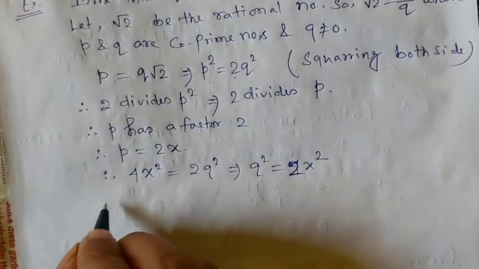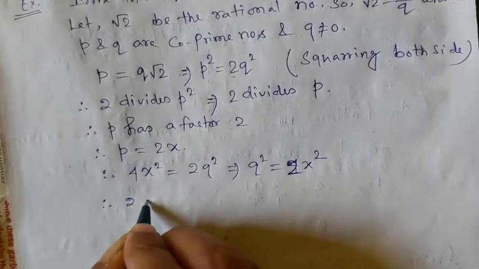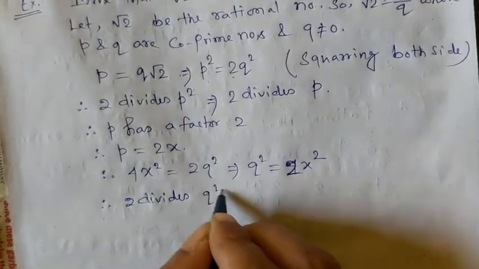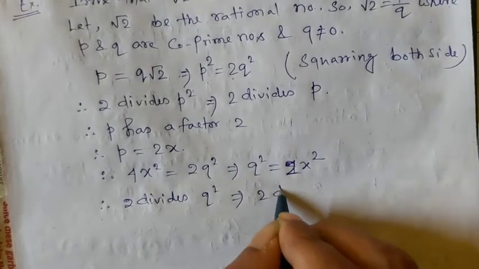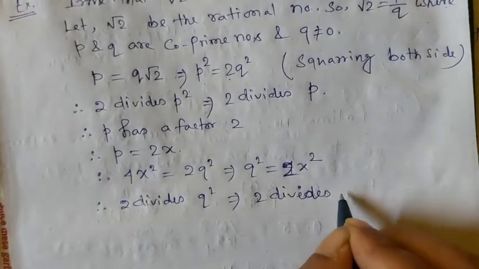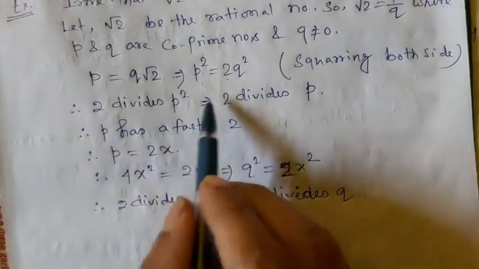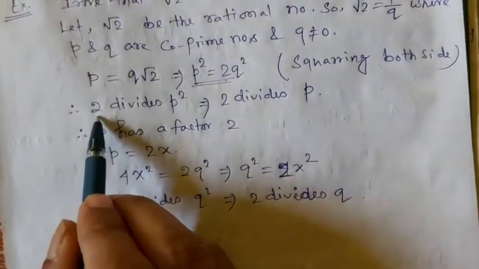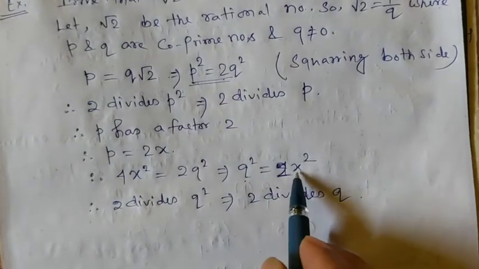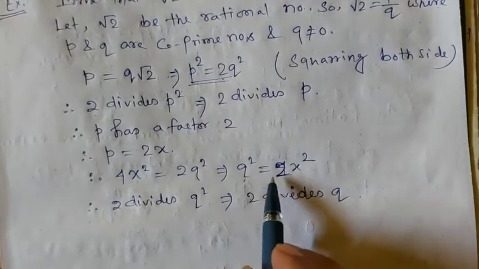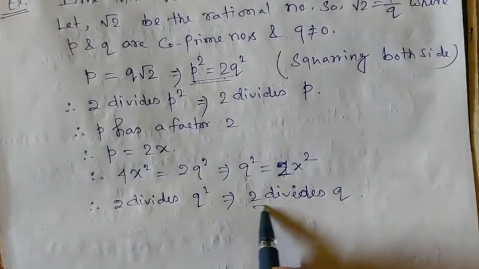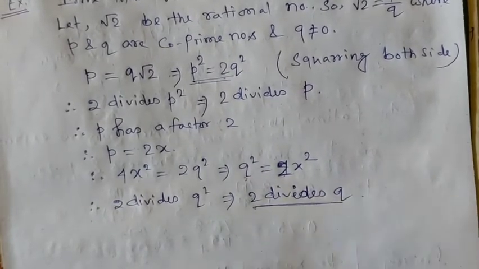So similarly we can say that 2 divides q square, which means 2 divides q. That is, q square has one factor 2, that means q also has one factor 2.